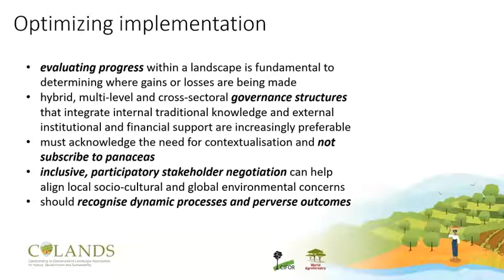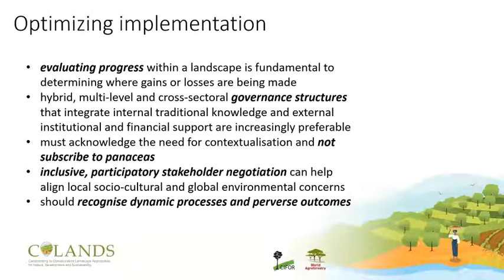Hybrid governance structures seem to be more preferable. I think I've already said that we need to acknowledge contextualization and not subscribe to panaceas, so not say that just one landscape approach applied everywhere is going to be the answer. That's certainly not the case.